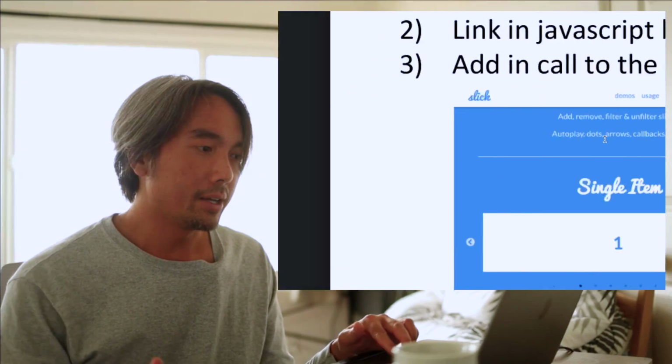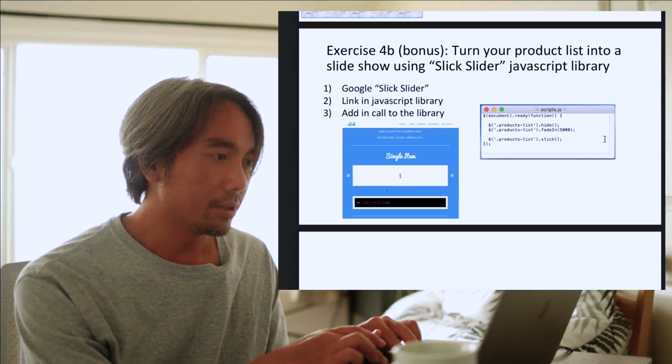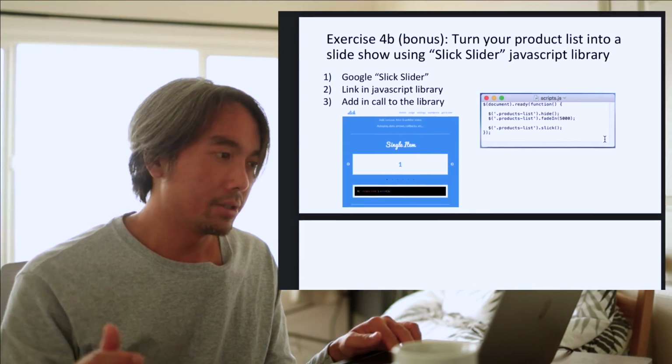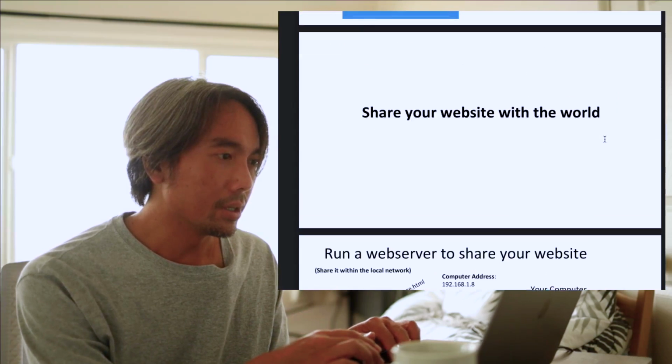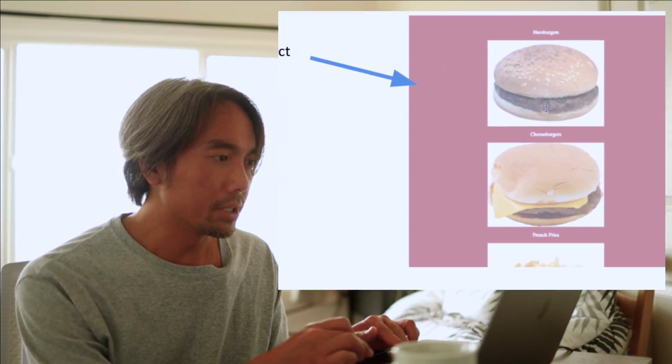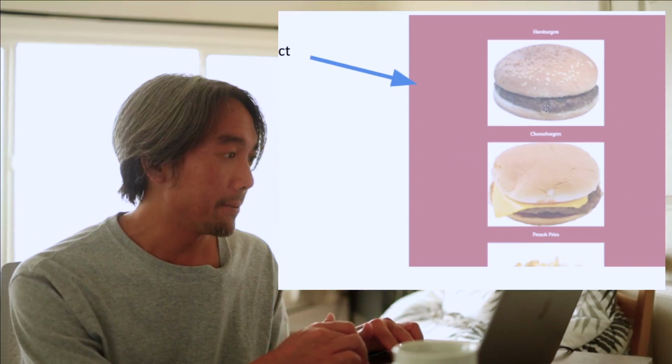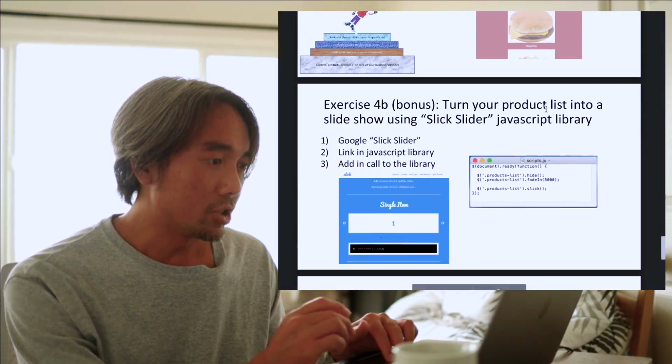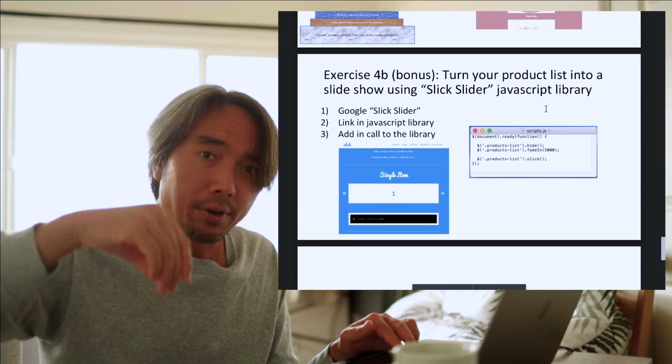As simple as that, and then that will convert your list into a slideshow. I didn't show an example of that, but it will convert this hamburger list into a slideshow. Again, JavaScript sprinkling nice little effects onto your page.